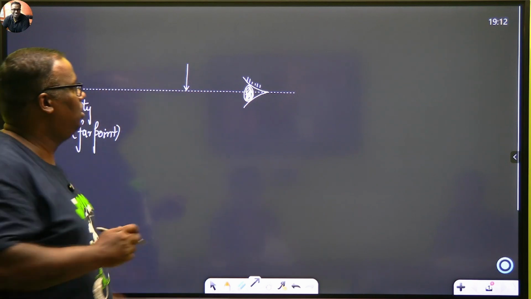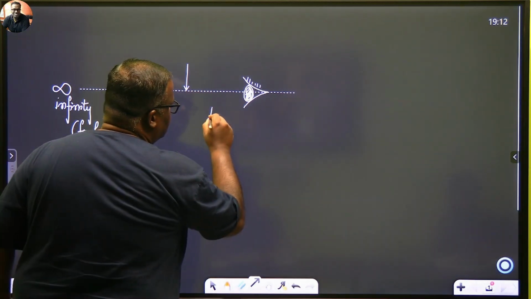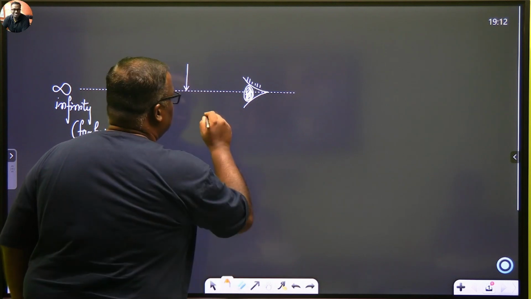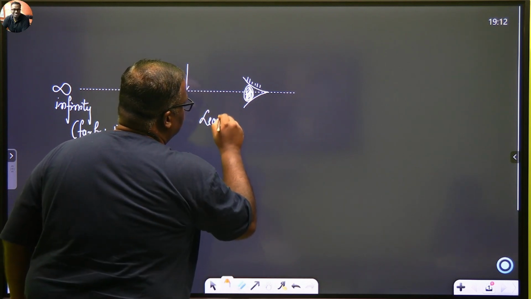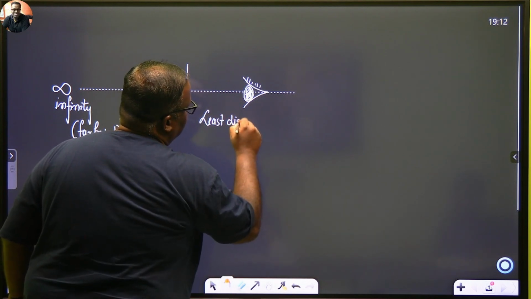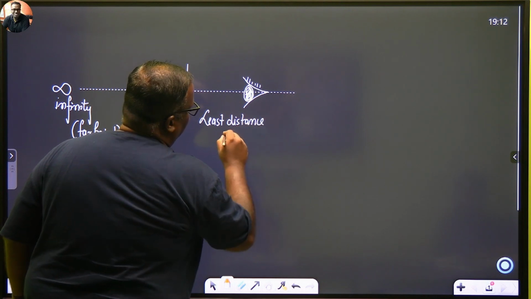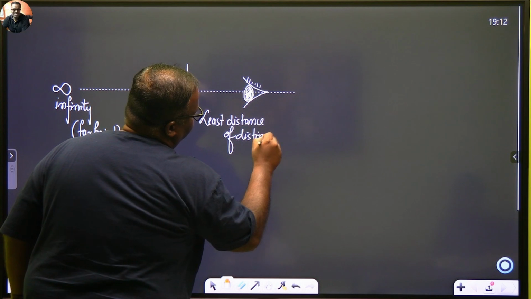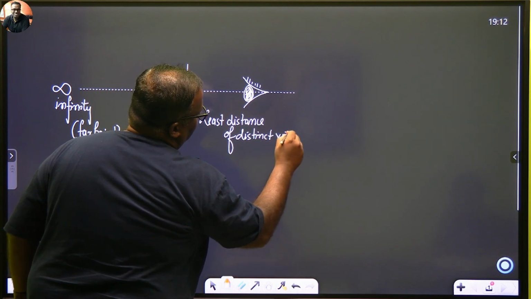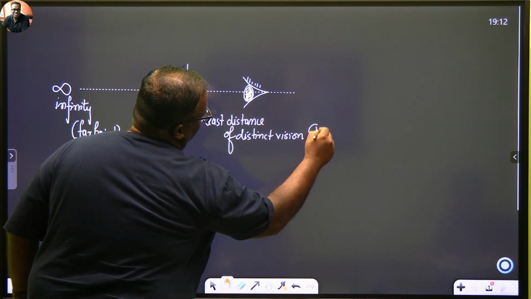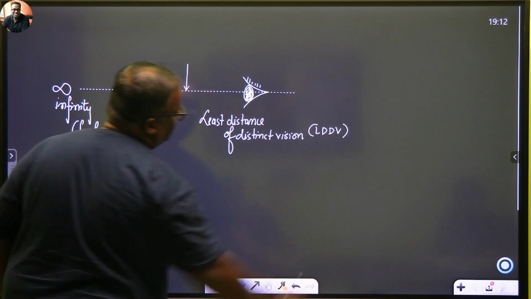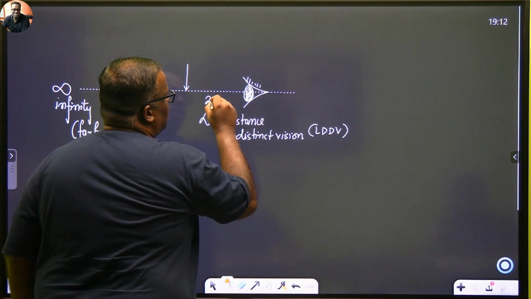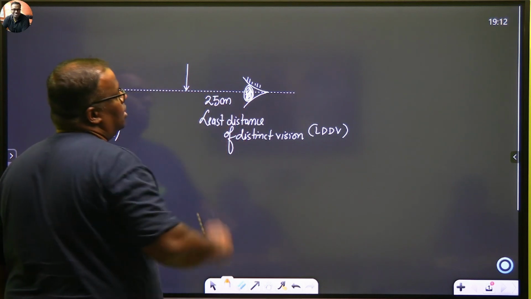So this is called the least distance, the least distance of distinct vision. Your syllabus doesn't use these words, LDDV. The LDDV for a normal human eye is 25 centimeters.